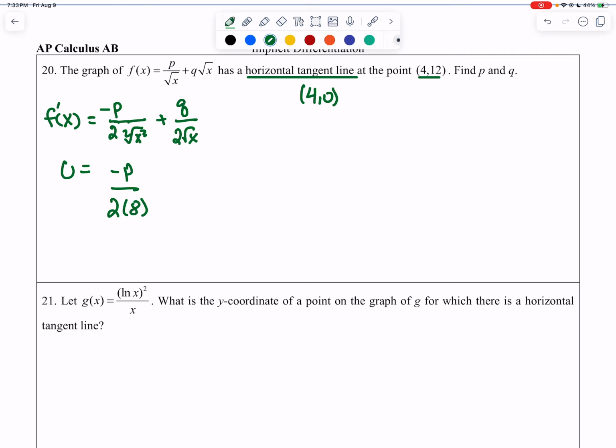And if I plug in 4 here also, that's going to be 2. So I'm going to have 4 here and 16 here. Once again, I'm also going to plug (4, 12) into my original function. That gives me 12 is equal to p over 2 plus 2q.